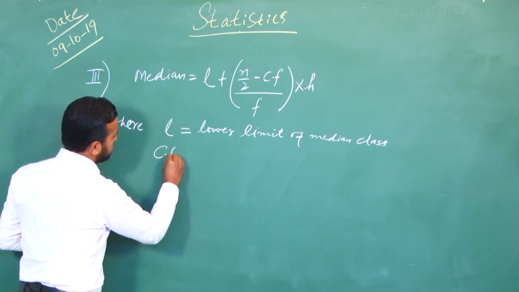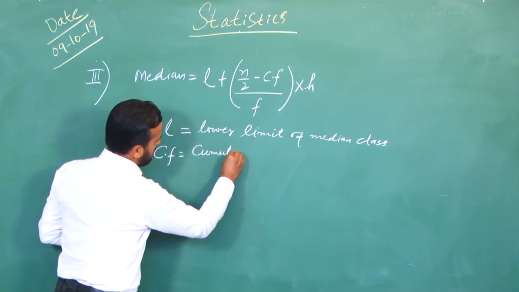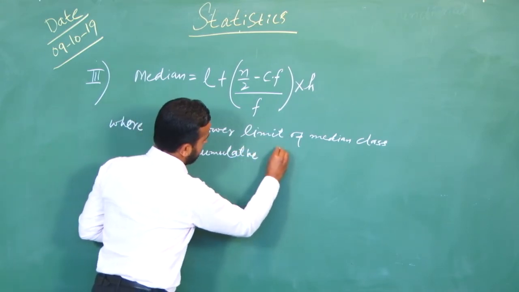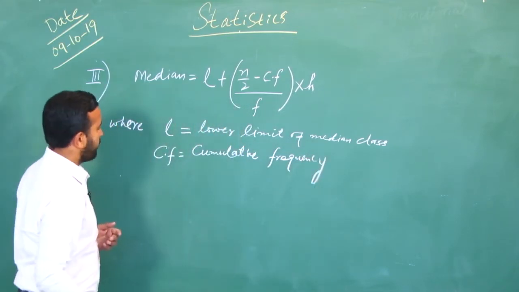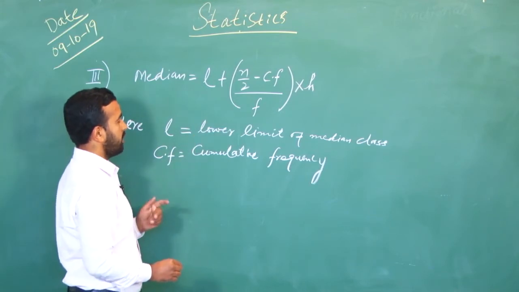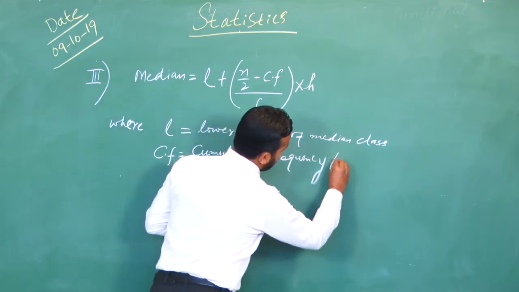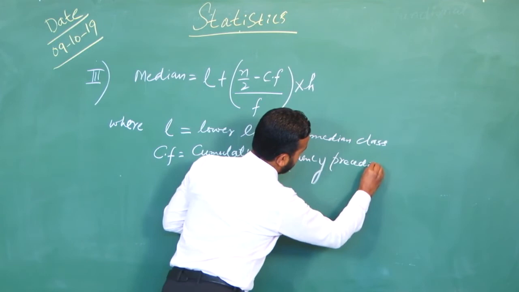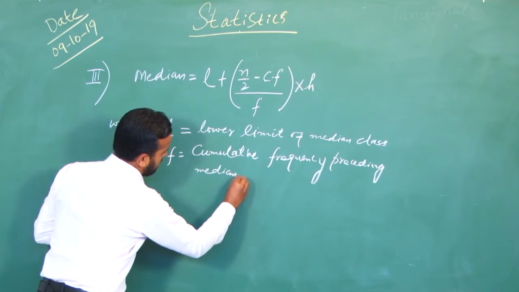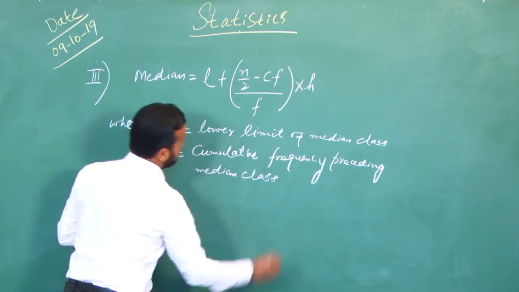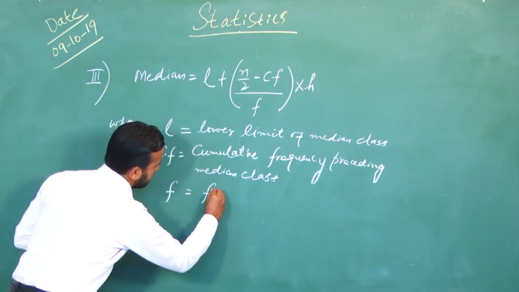Now what do we mean by CF? CF is known as cumulative frequency, that we are going to discuss in detail. It is the cumulative frequency of the class preceding the median class. Then F is the frequency of the median class.